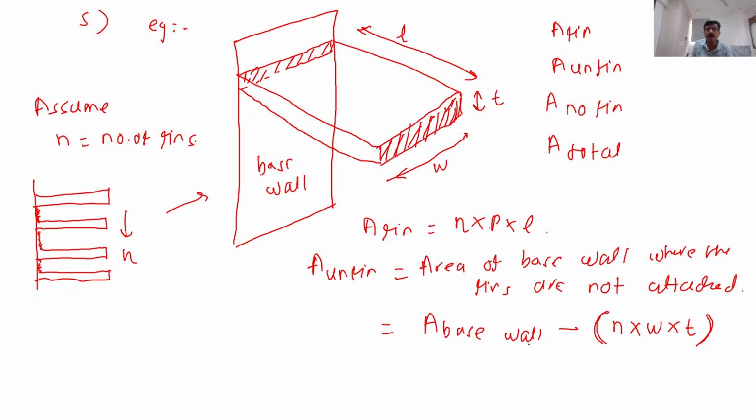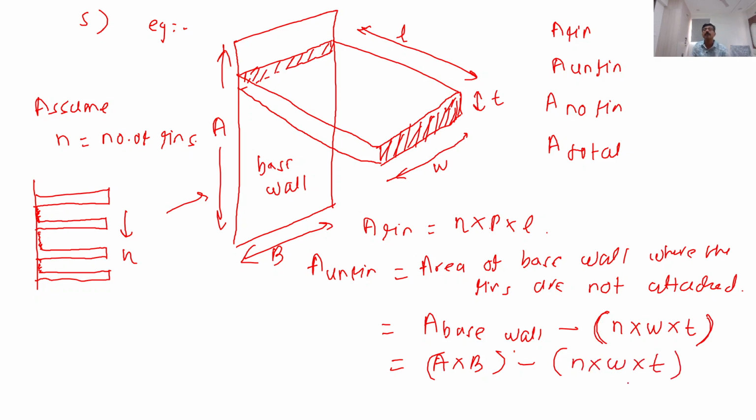So total area of the base wall, let's say this is your capital A, and this is nothing but capital B. So what is the area of the base wall? A into B, total area, minus N into W into T. This is nothing but A unfin.